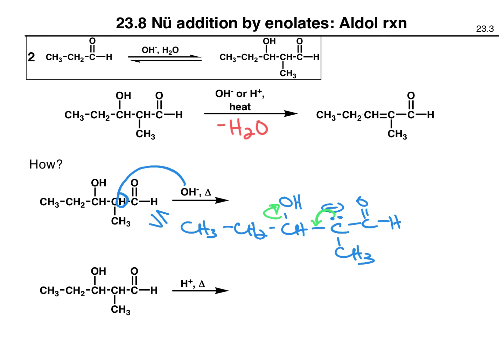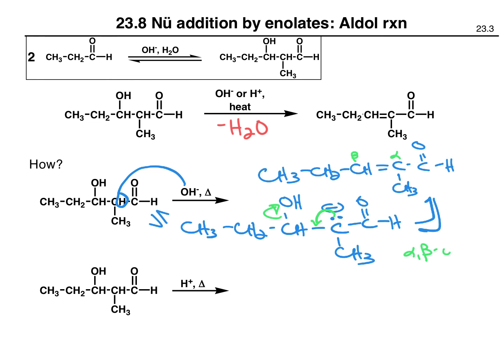We know that we have hydroxide present in solution, and so kicking out hydroxide is a reasonable occurrence. So that will give us, now the CH is double bonded to the C, still connected to the CH3, connected to the C double bond O. So this is an alpha beta unsaturated aldehyde.